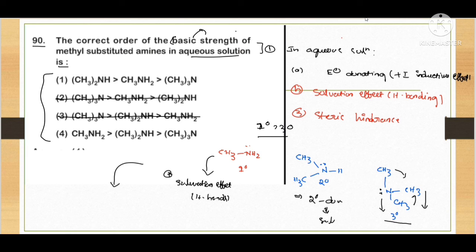Because of higher solvation effect. So we conclude that the order is secondary greater than primary greater than tertiary. Now let us verify the given options. Here primary greater than secondary greater than tertiary, option 4 is also eliminated. Here you are left with option 1. It has secondary greater than primary greater than tertiary. So option 1 is our correct answer.